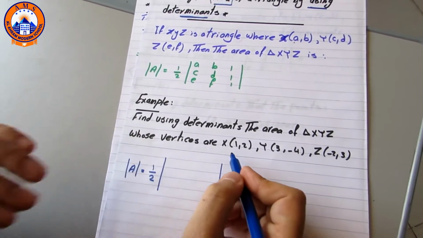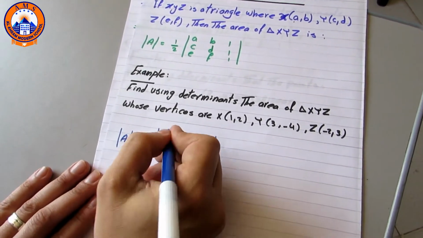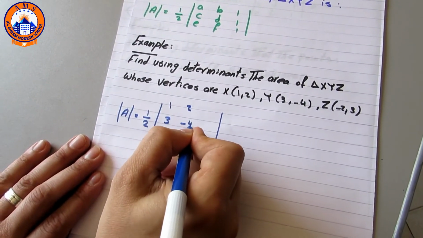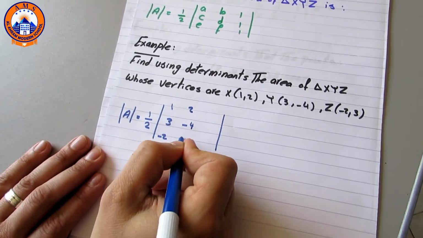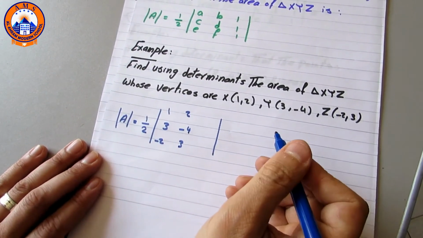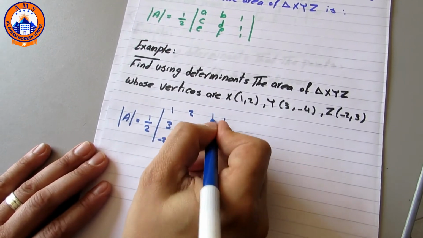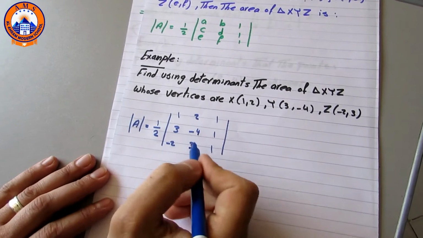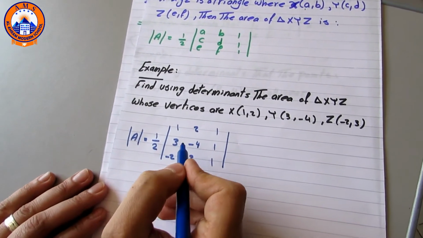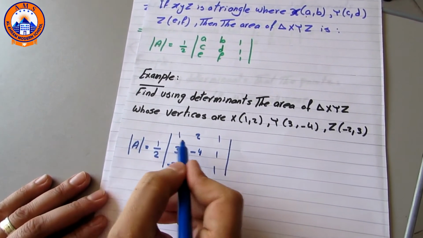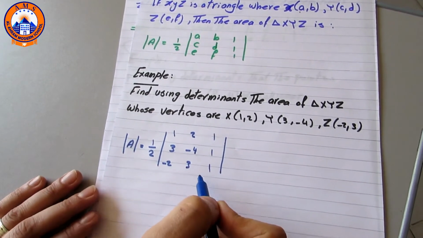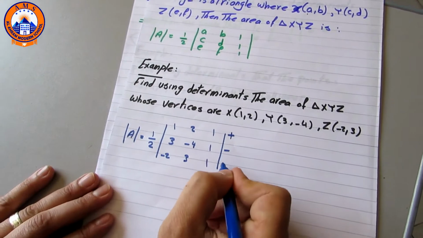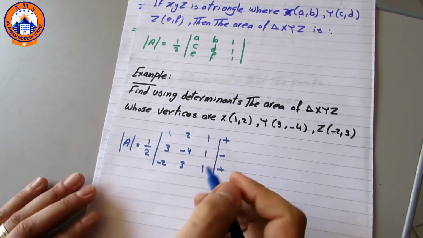I said you have to line up the vertices: X 1 and 2, Y 3 and negative 4, Z negative 2 and 3, and you have to write in the third column 1 and 1 and 1. How to find the value of the third determinant? I said you have to choose any row or any column, but it's better to choose the third column. Why? Because we have 1 and 1 and 1.